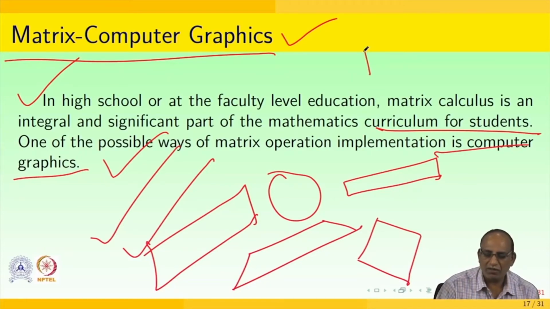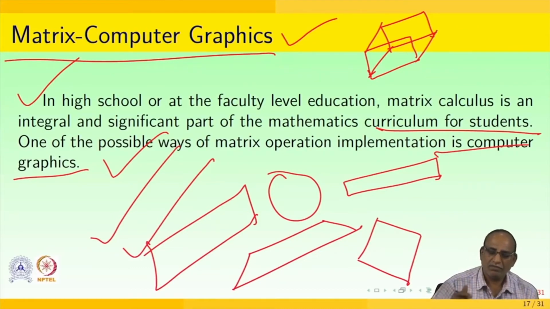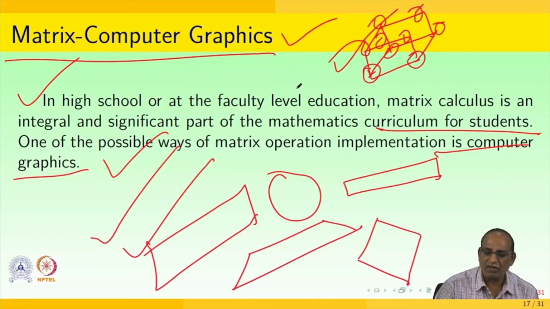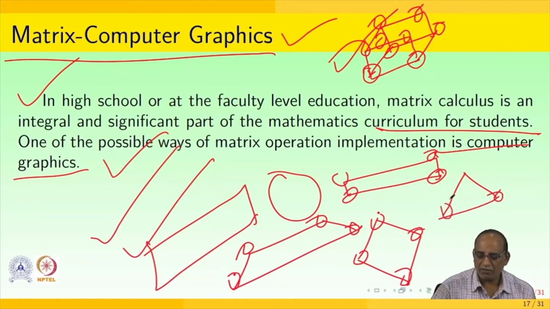You have a brick shape, eight nodes. Here, how many nodes? 1, 2, 3, 4. And a triangle, if you look at a triangle, 1, 2, 3 nodes. This is the master node.